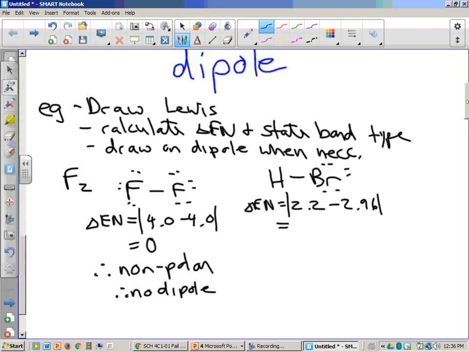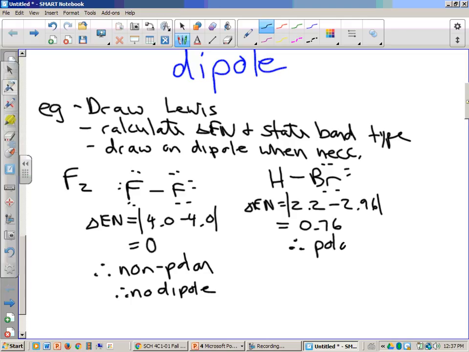I could do that math in my head. 0.76. Therefore, what type of bond is this? 0.76? What is it? It's on the other side of the page. It is polar.